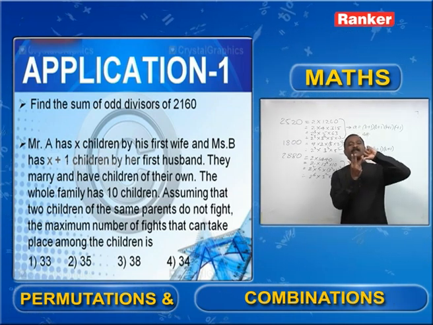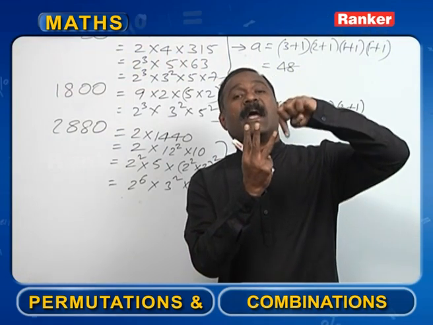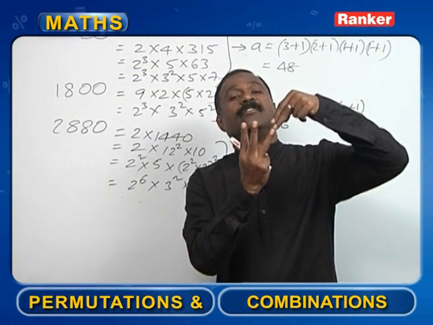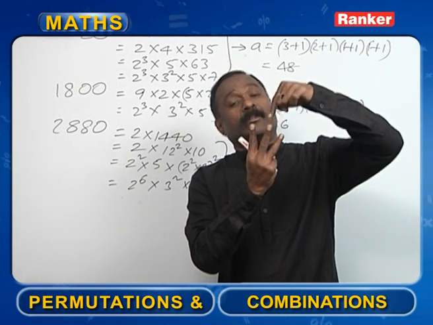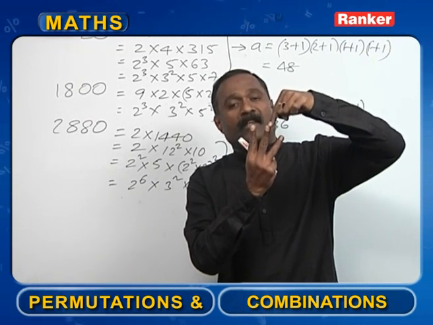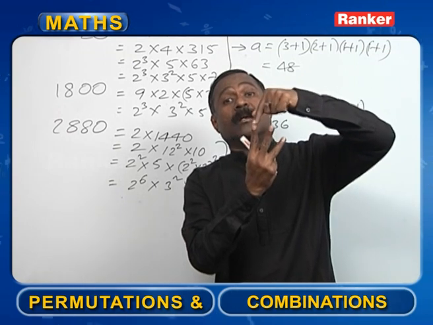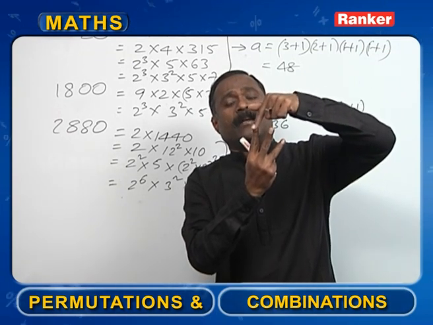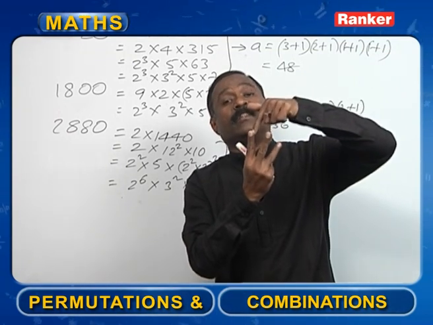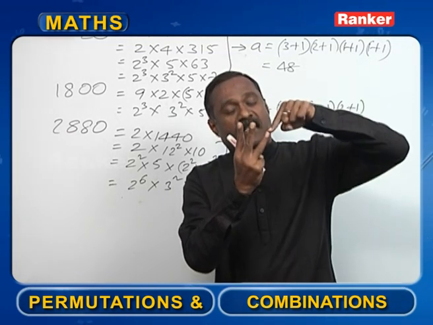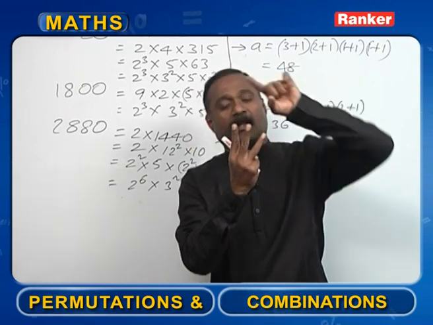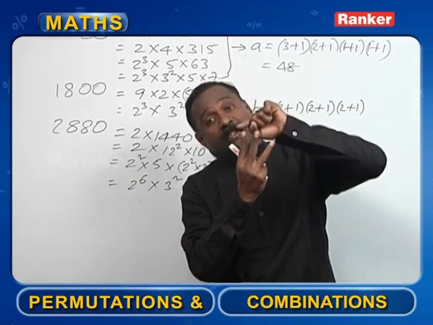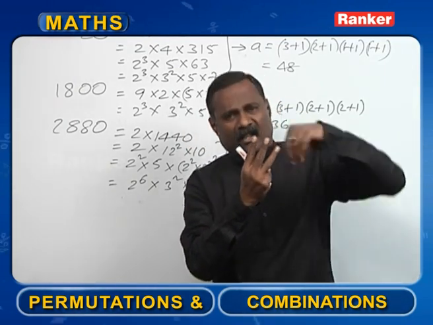That means Mr. A's children, the X children, will not quarrel with each other. Mrs. B's children, X plus 1, will also not quarrel with each other. And third category children will not quarrel with each other either. But the first category quarrels with the second category, the first with the third, and the second with the third, and vice versa.